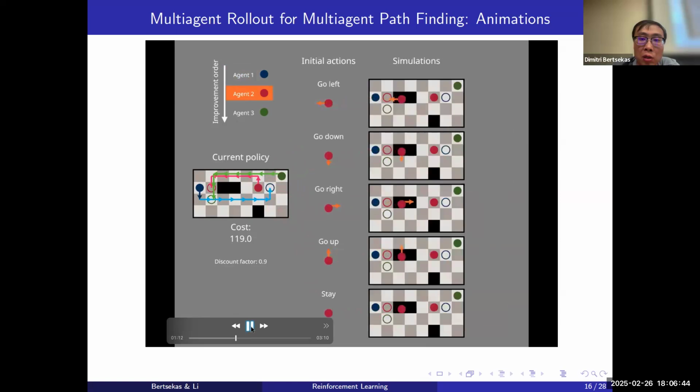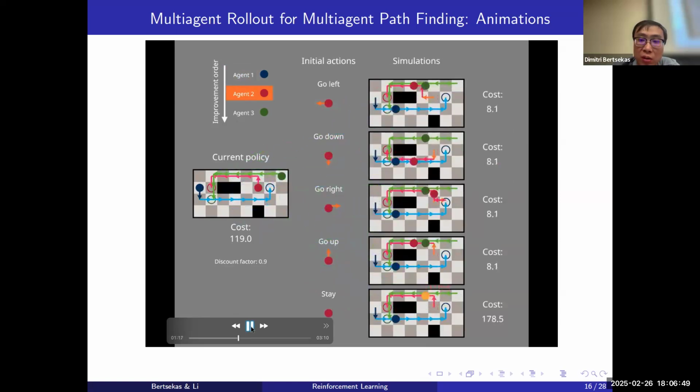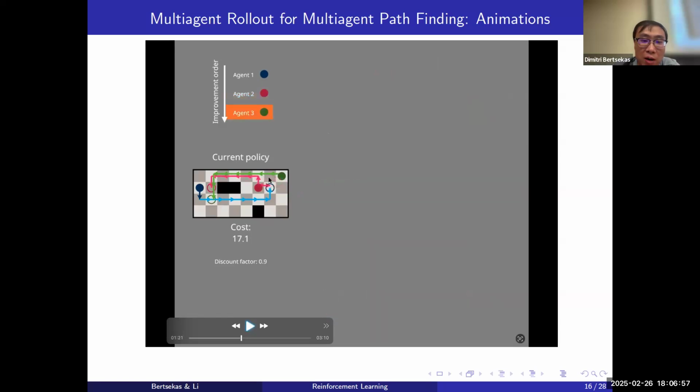And for agent 2, we try all 5 different moves. And you can see at this point, it already finds a feasible solution, right? Apparently, agent 2, by making a right move first, leaves space for agent 3.